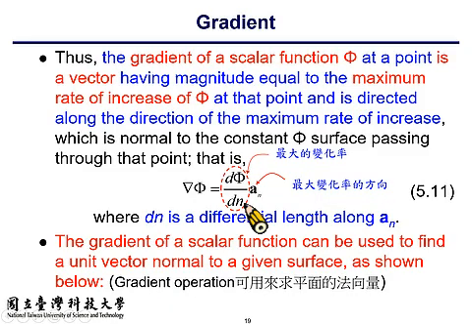So dphi over dn is the maximum change, and an represents the direction of maximum rate of change. So the gradient of a scalar function can be used to find a unit vector normal to a given surface, as shown in the next case.